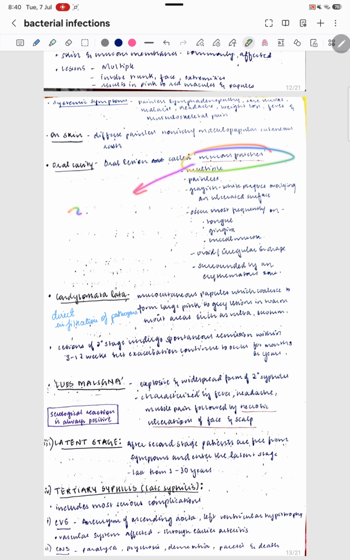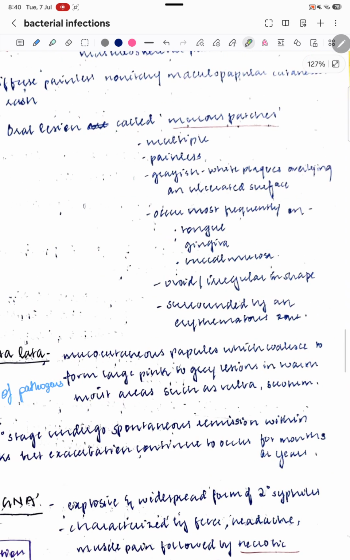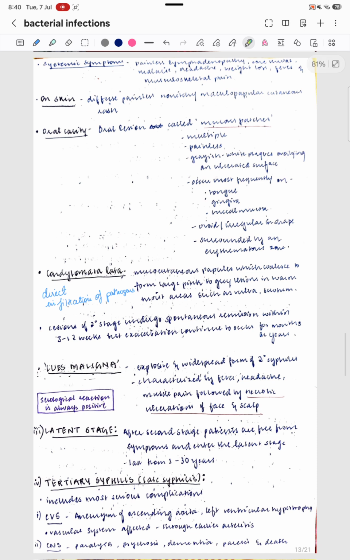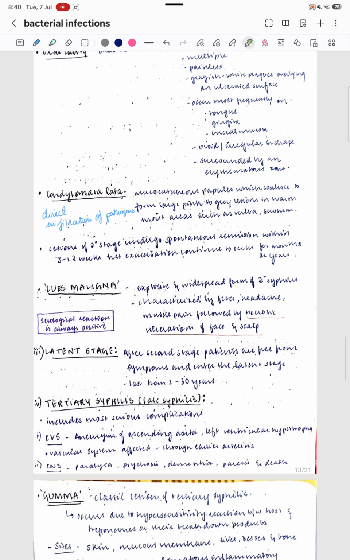Like how in the primary stage the chancre occurred on the mucous membrane, that which occurs in secondary is called mucous patches. These are multiple, painless, grayish white patches, which occur on the tongue and the gingiva as well. They are ovoid in shape, surrounded by an erythematous zone.